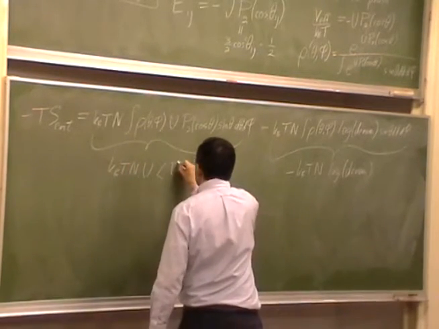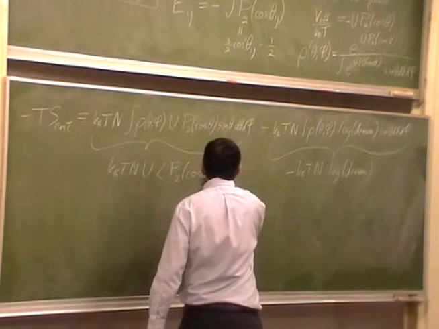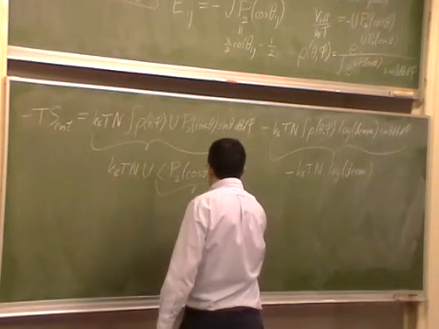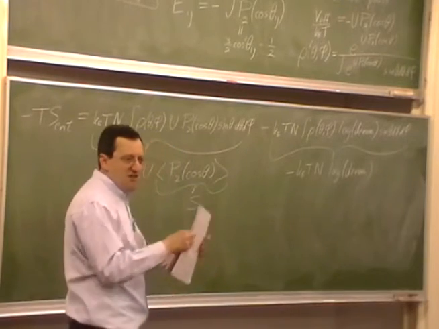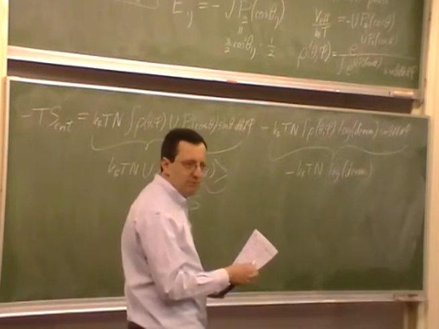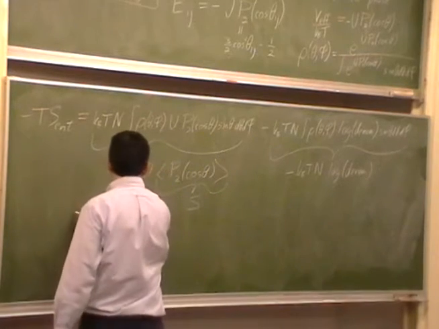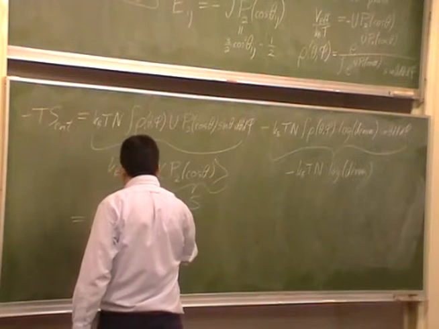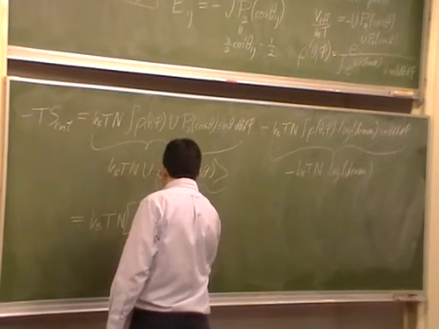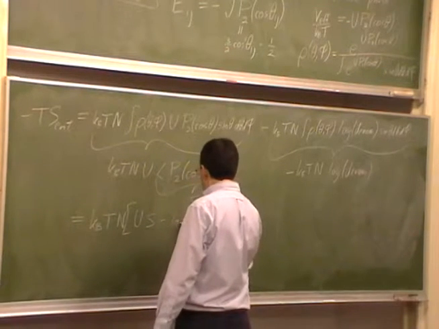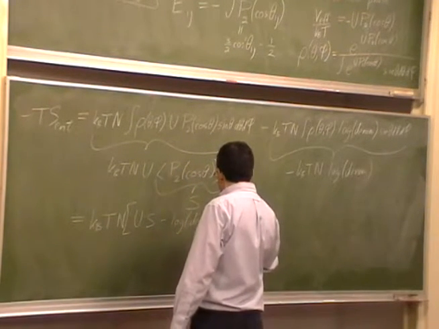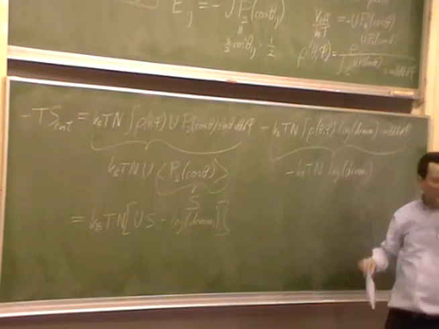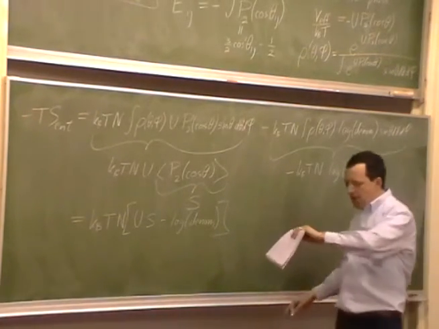So that makes the average of P2 of cosine theta, and that average is just what we mean by S, the nematic order parameter. So my expression for this entropic contribution comes out to be kTN times uS minus the log of this denominator. Okay, so that's my entropy.